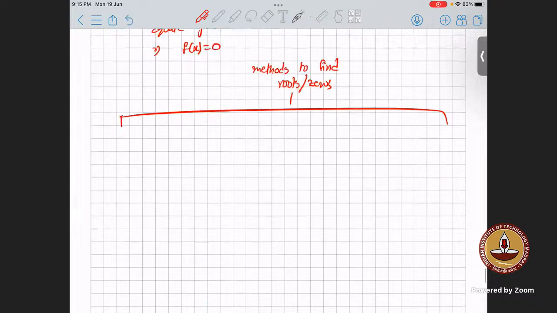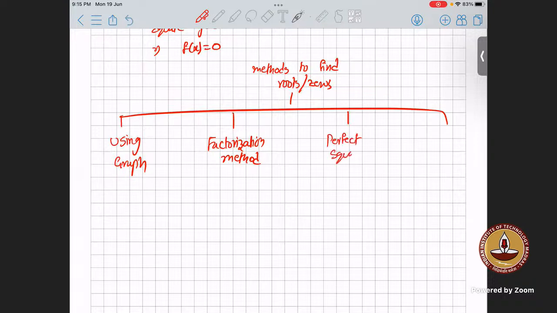The first method is using a graph. The second method is the factorization method. Can anyone tell the third method? Perfect square method, completing the square.